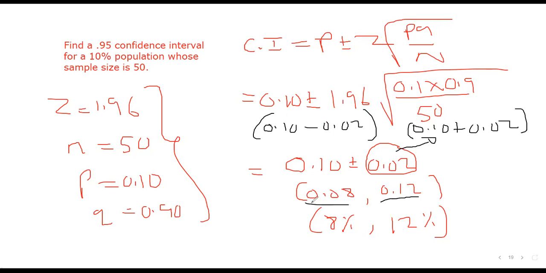You first subtract, then you add. That's what plus minus means. So if you had 20 plus minus 5, the interval will be 15 to 25. It means you first subtract and you add. Is that clear?